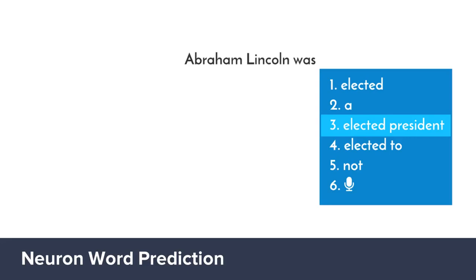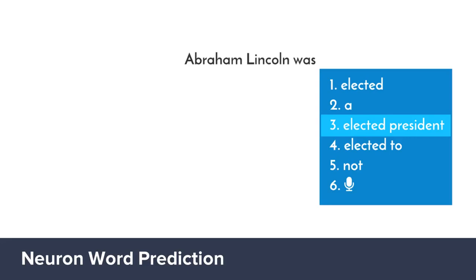Neuron word prediction is a combination of both phrase prediction, so you see multi-word predictions here, as well as it has the ability to predict syntactically. So if I were to write the word Abraham, the very next word without striking another key is going to be Lincoln, because that's the most common word that would follow the word Abraham, and it knows that I am talking about Abraham Lincoln.